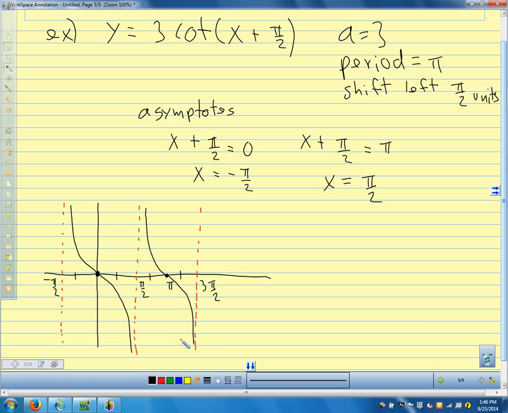So there's what our function looks like, and then we just have a couple more points to add in here. Halfway between 0 and pi over 2, this point is going to be pi over 4, and that point on my graph is going to be at negative 3. And this is going to be negative pi over 4, and that point is going to be at positive 3.